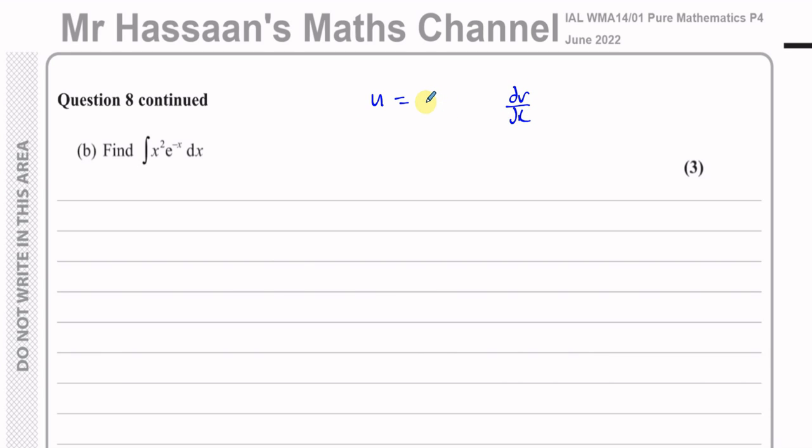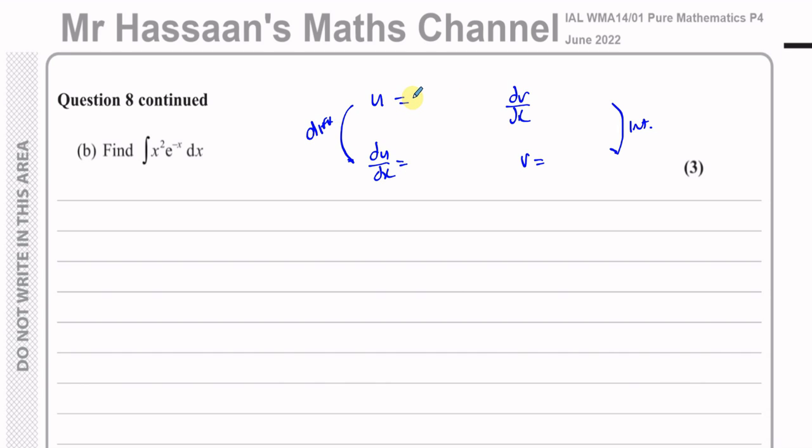For the one that's called u, you have to differentiate it to get du dx. The one that we call dv dx has to be integrated, and that will give us v.